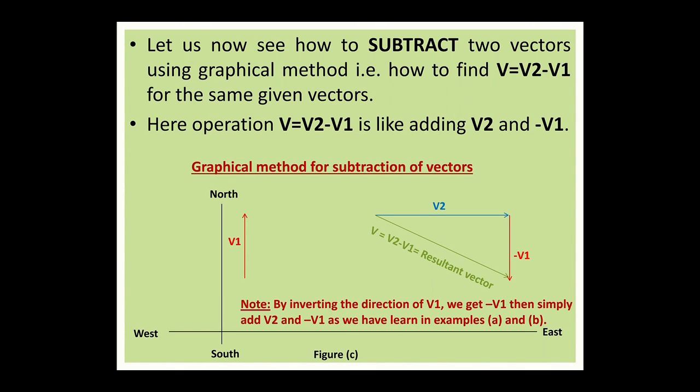Your final resultant vector is V is equal to V2 minus V1, and it has its tail at the tail of V2 and its head at the head of minus V1. This green arrow is representing V2 minus V1. In this way you can simply subtract any two vectors.